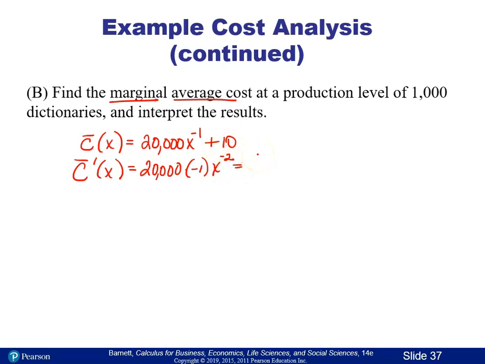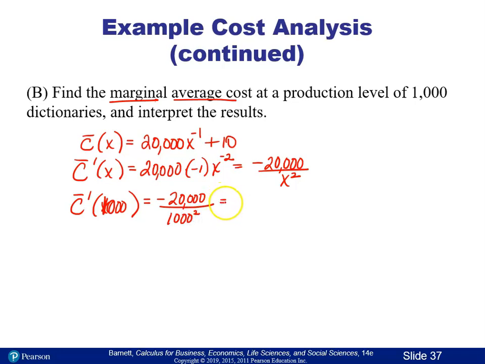Okay, so this is going to give me the marginal average cost function. If I need to know what the marginal average cost is at a production level of 1,000, I'm going to plug that into the derivative here. So I'm going to clean this up just a bit before we start plugging into it. Okay. So we'll have negative 20,000 over 1,000 squared.